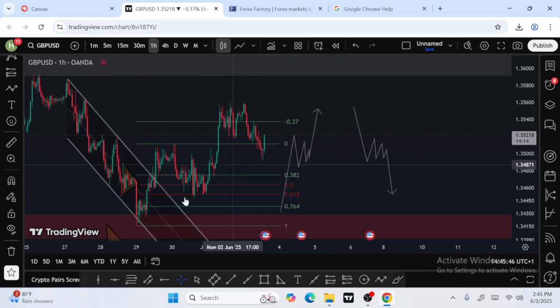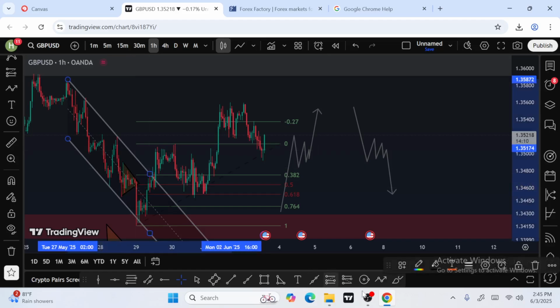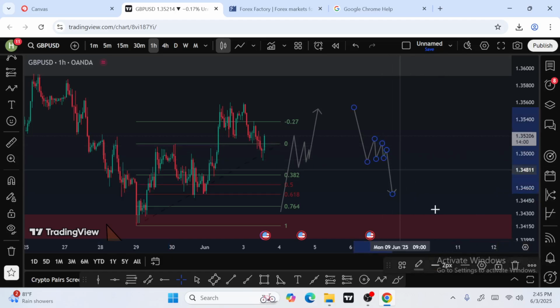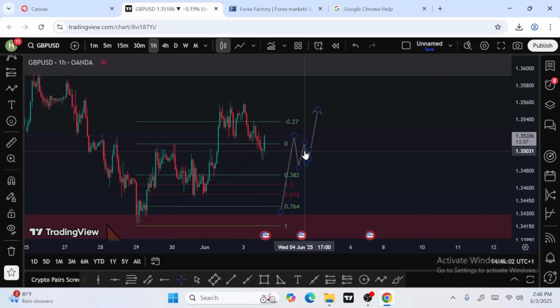So what will you do here? This has been invalidated, because we now have a new trend. Are we following? That is how you effectively follow price movement.